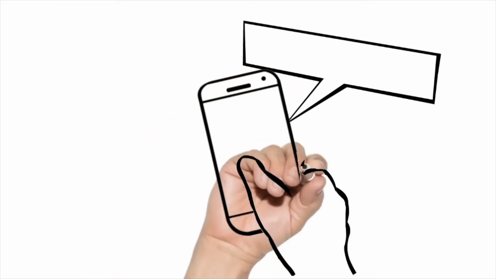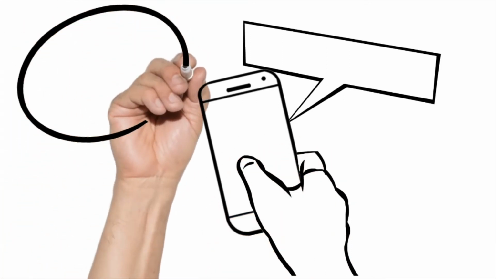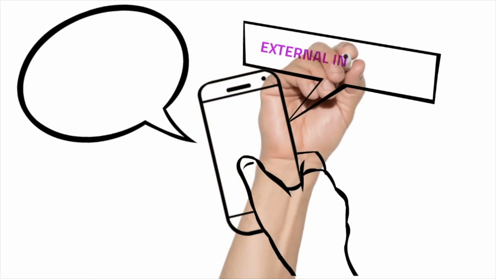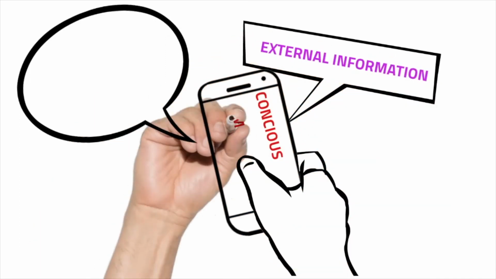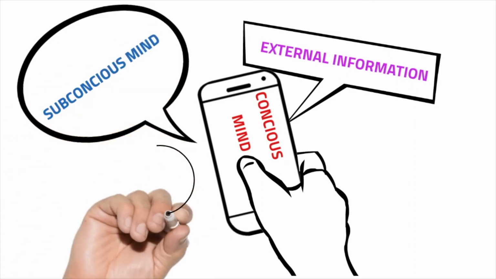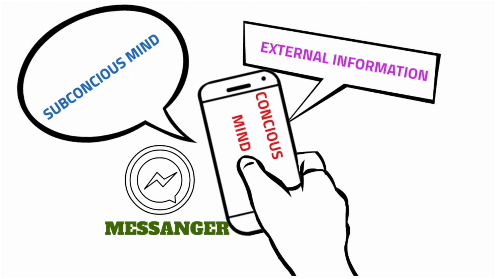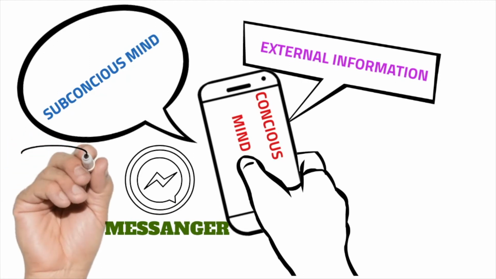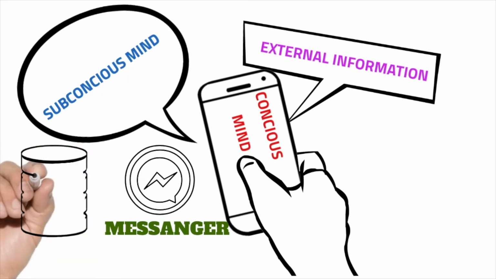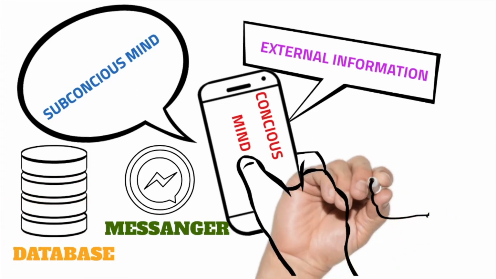The subconscious mind is already a database that has a response for each of these, which we have accumulated over a period of time through learning and experiences. So our response will be based on what kind of information our conscious mind received. It's like a messenger. Conscious mind is a messenger, and your subconscious mind is a database which will give you the action based on what information you have received.